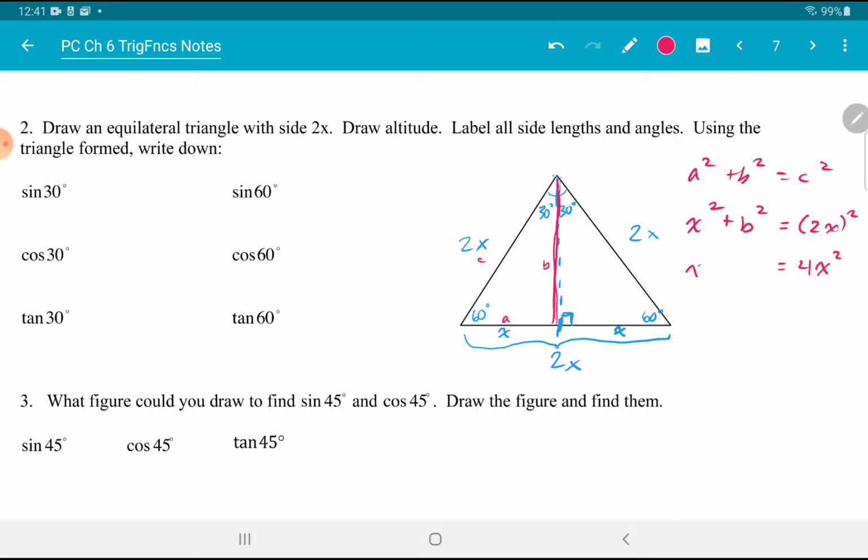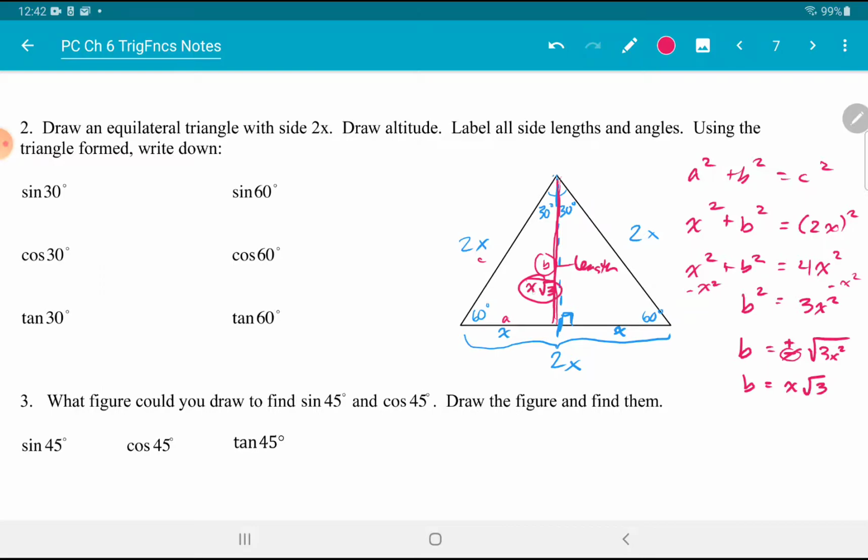If you subtract x squared on both sides, you get b squared is equal to 3x squared. Therefore, if you take the square root, also keep in mind that because b is a length measurement, you cannot have the negative when you take a square root, and so you just get the square root of 3x squared, or when you simplify that, x root 3. So this side length is x root 3.